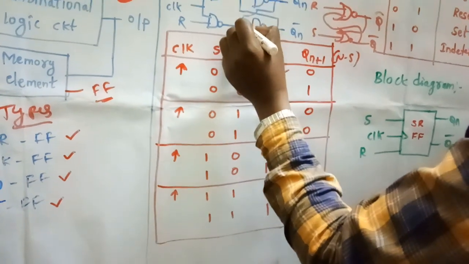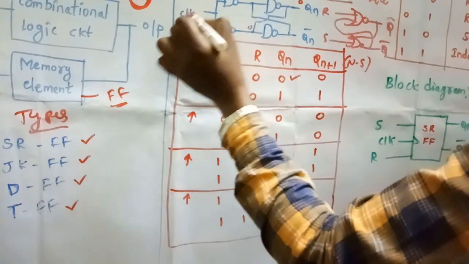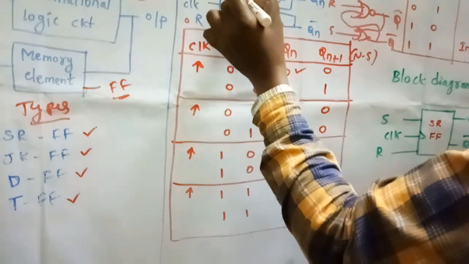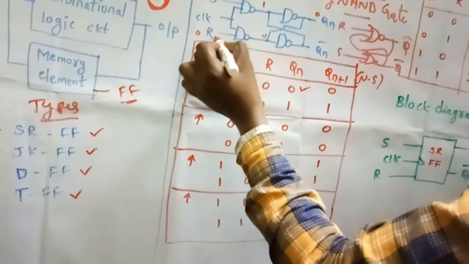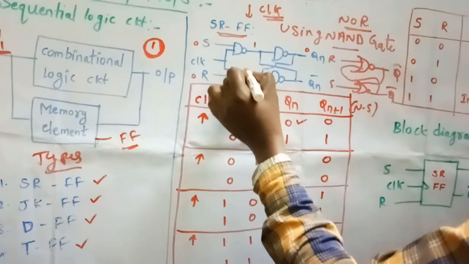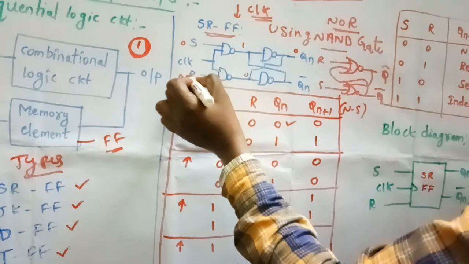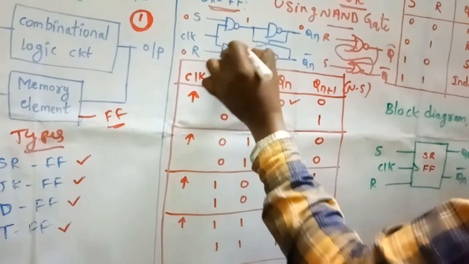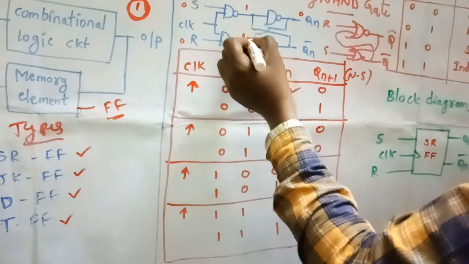This 0 comes here, and S is 0, R is 0, and the clock is applied. 0 is connecting to the NAND gate, 0 bar, you will get 1. And here also R is 0, we connect it to the NAND gate, the clock applied is 1, so 1 and 0, 0 bar, you get 1. That is, with a 0 input to the NAND gate, the output is 1.